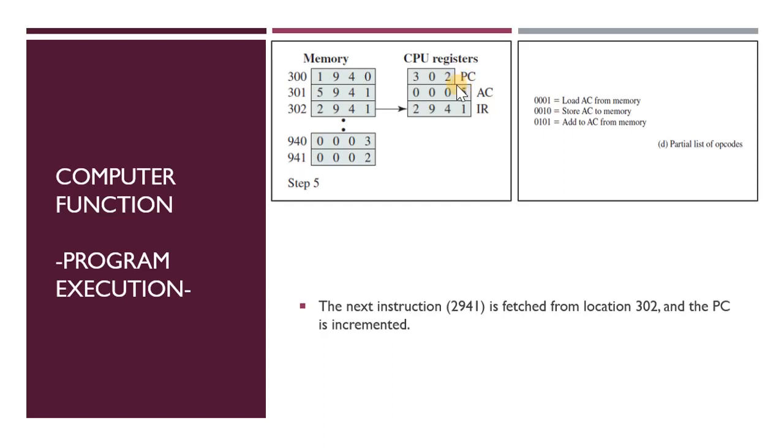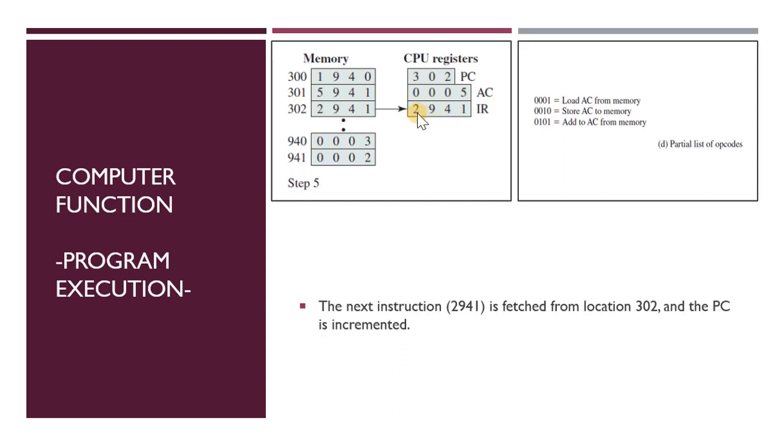So the next instruction is inside the 302 address memory. The processor will find the address 302 in the memory, and the value inside this address is 2941. This value will be loaded into the instruction register.